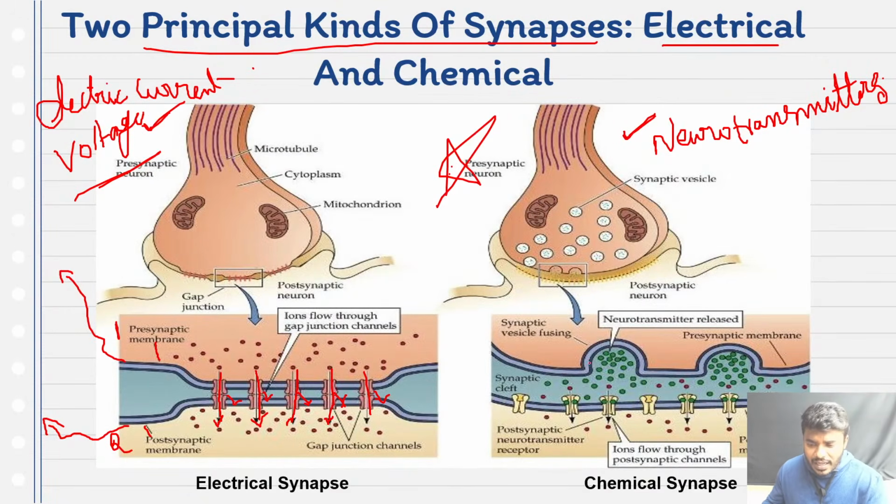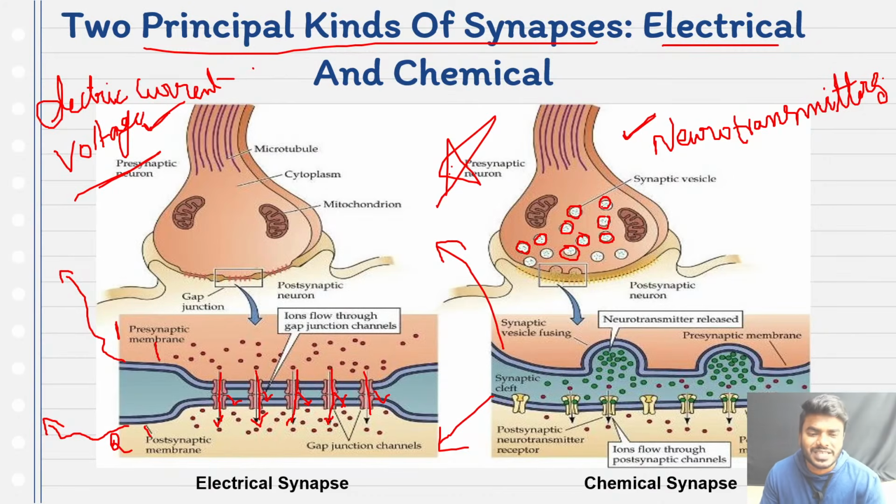Just listen. I'll show the diagram in the next slide also. This is the presynaptic membrane. This is the postsynaptic membrane. All the students look into the diagram very carefully. Friends, you are all able to see, right? You will be calling this the synaptic vesicle.